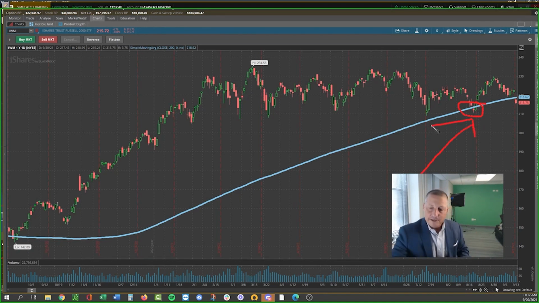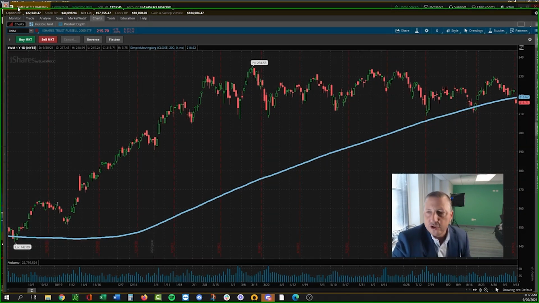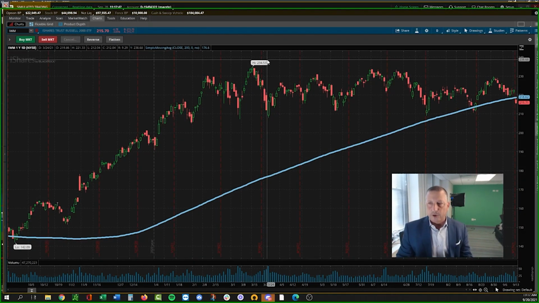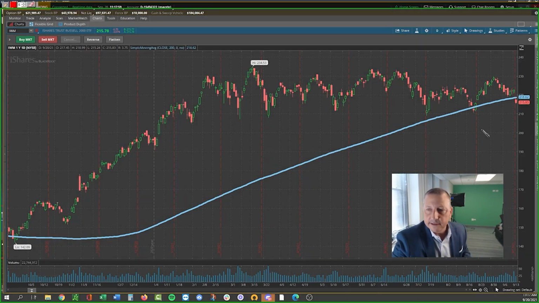Okay, it did break through for a couple of ticks or so, and there's no support or resistance area that you're ever going to see that is true to the absolute tick, true to the absolute penny. We're looking at a general area, okay, and you can see that right here.